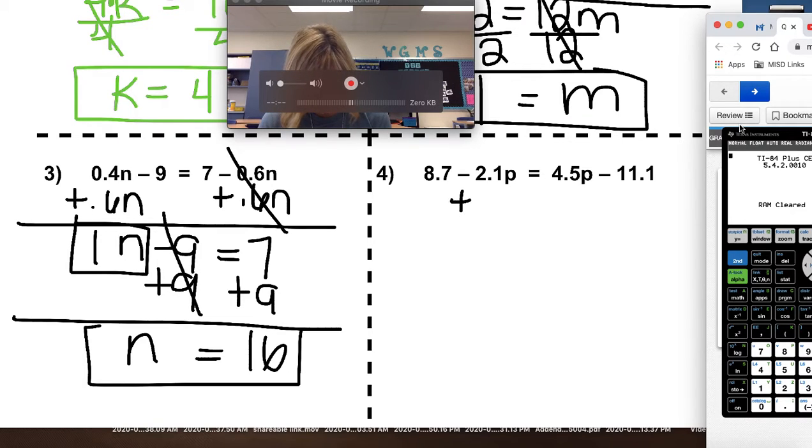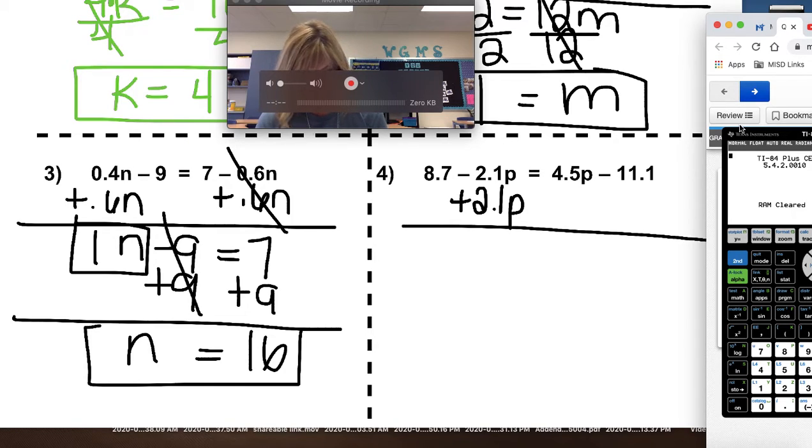So again, since this is a negative 2.1, I like to cancel that out and keep my variable positive. So I'm going to add 2.1p to 4.5p. That leaves me 8.7.